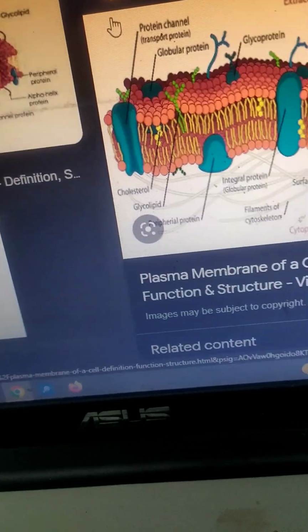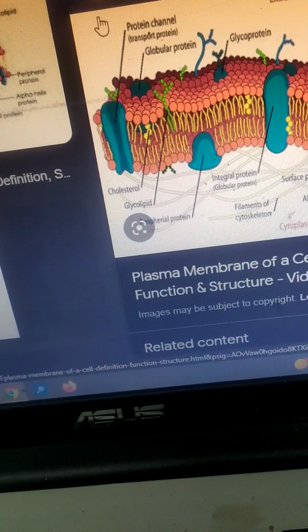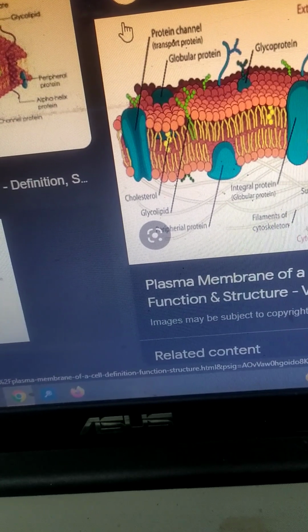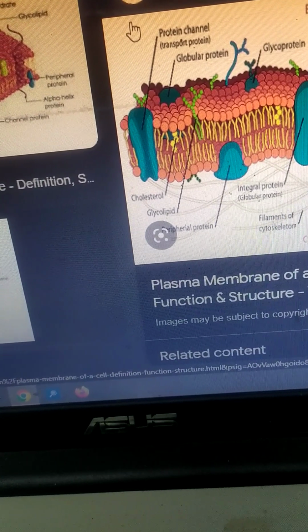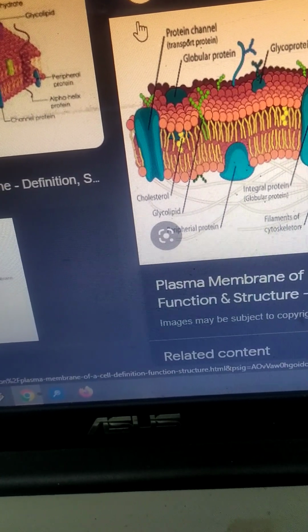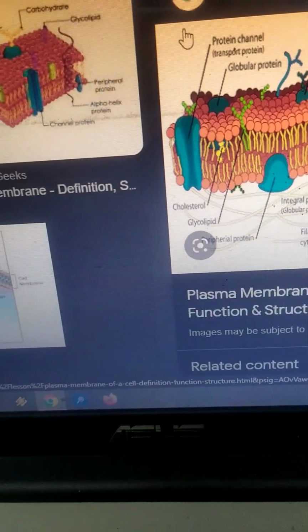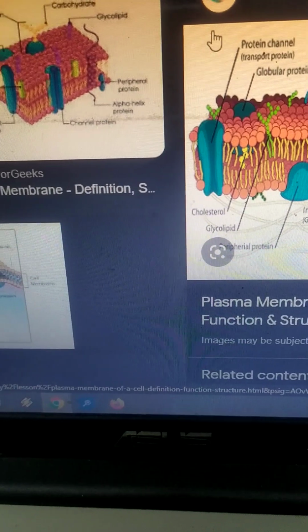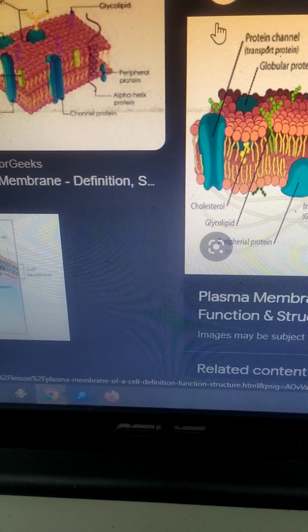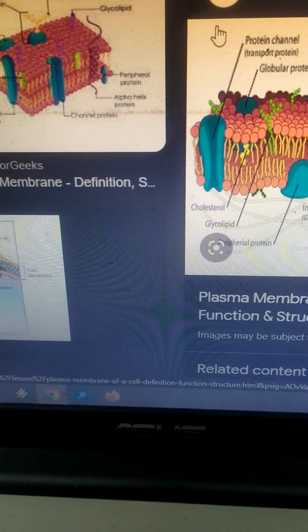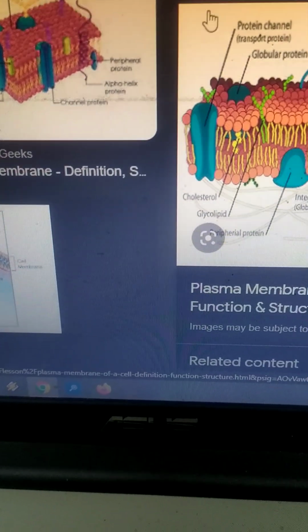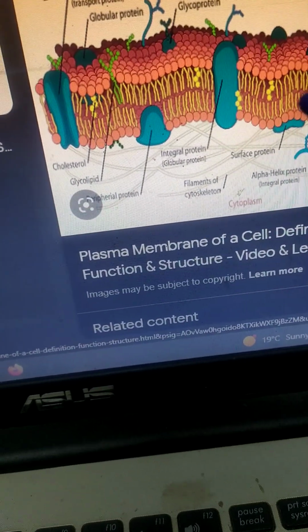And phospholipid molecules are mobile, and it can show the concept of lateral movement, fluidity. What are the factors which alter the fluidity? It is your temperature.